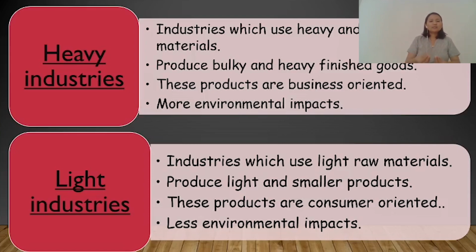And these products are not for the direct use of the consumer. These products are business oriented. Business oriented means these are for the business purpose. Since heavy industry uses very bulky raw material, because of that there is more environmental impact or more environmental effect.